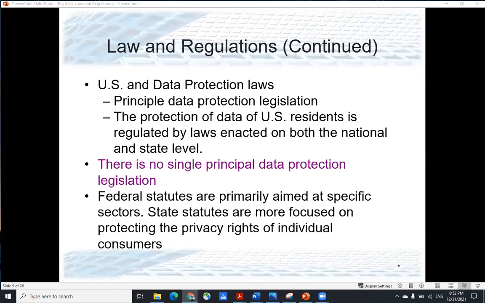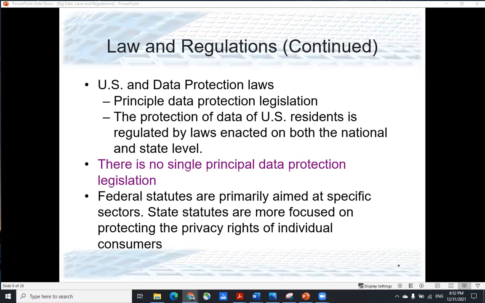At the federal level, you have laws like, for example, the FTC, or Federal Trade Commission Act, which is used to bring enforcement actions to protect consumers against unfair or deceptive practices, and to enforce federal privacy and data protection regulations. You also have a federal law like HIPAA, which is for healthcare.